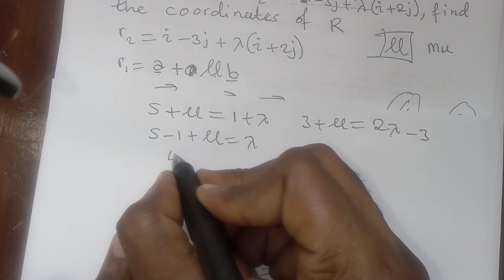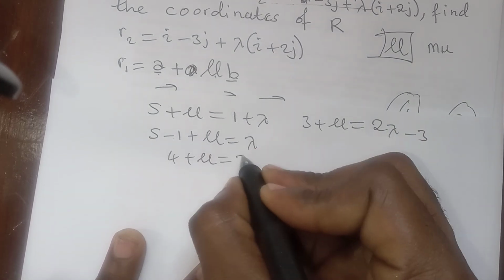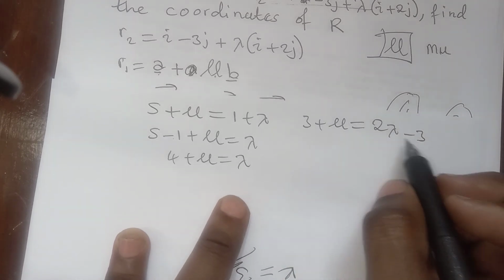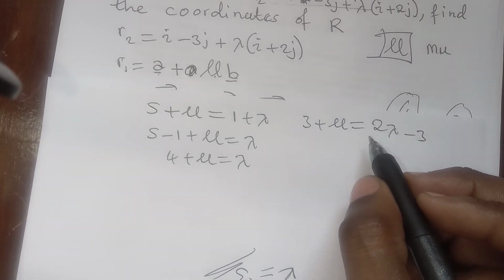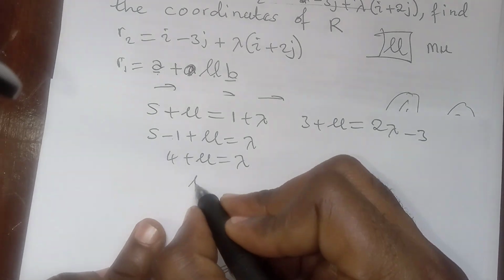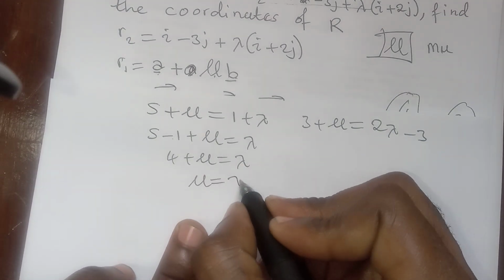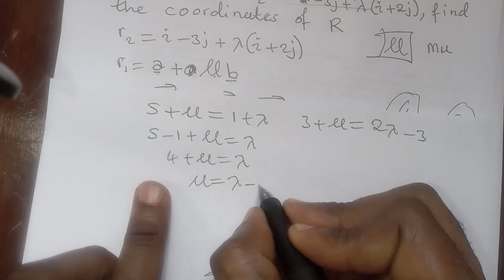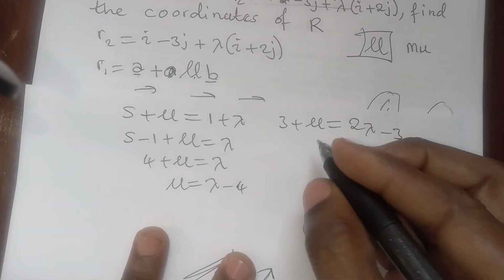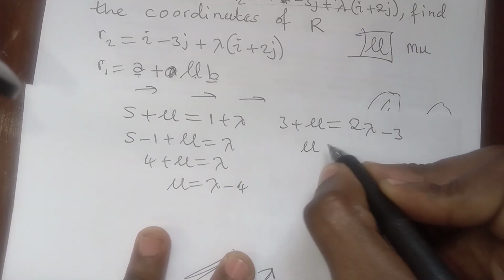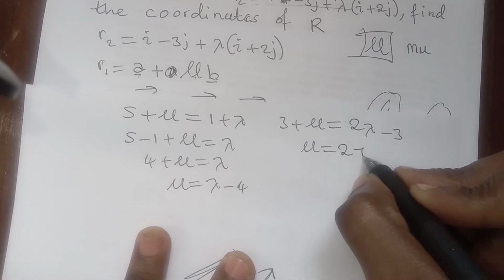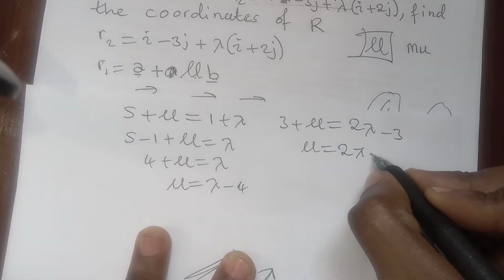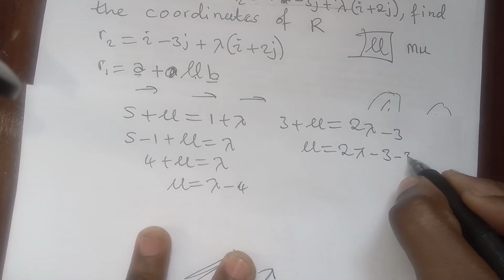This minus this will be 4 plus mu is lambda. And then I'll do the same thing here. I think we should have made mu the subject here. It's much easier. So you can just take this one to the other side, and then we can make mu the subject of the formula here too. You take this one to the other side.